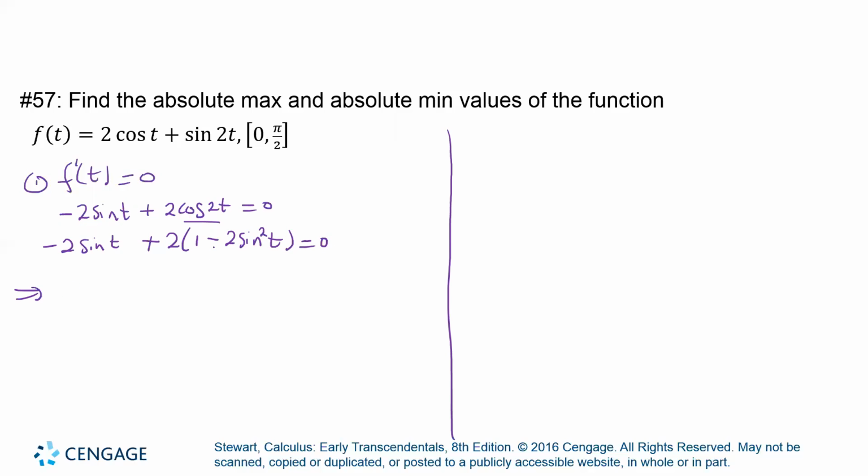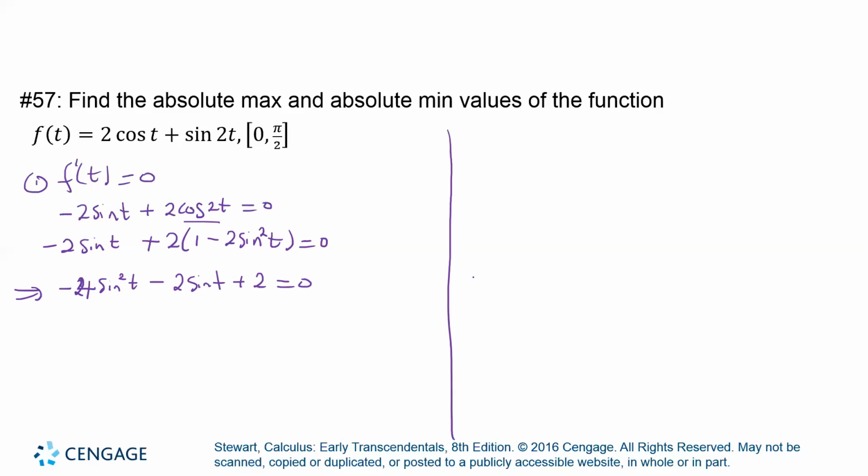When you distribute the 2, you have minus 4 sine squared t minus 2 sine t, then plus 2 equal to 0.